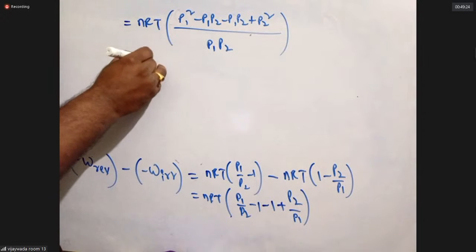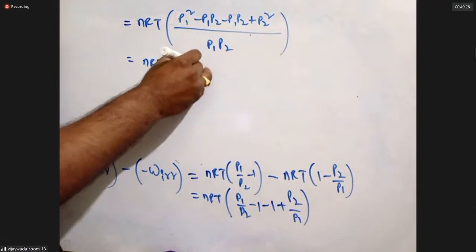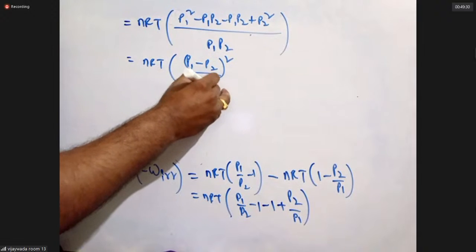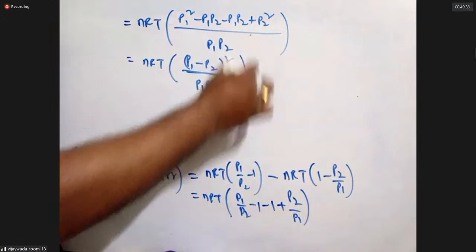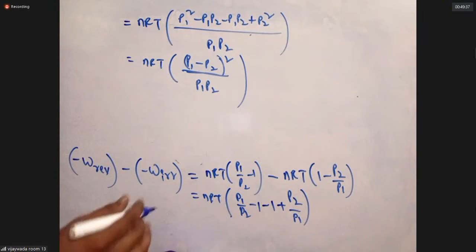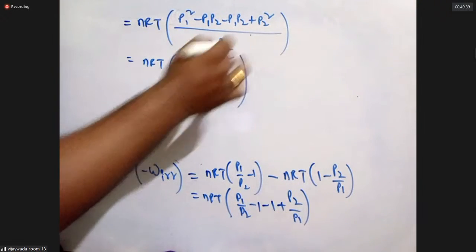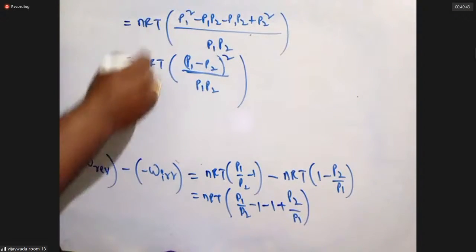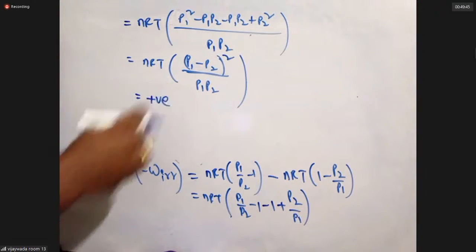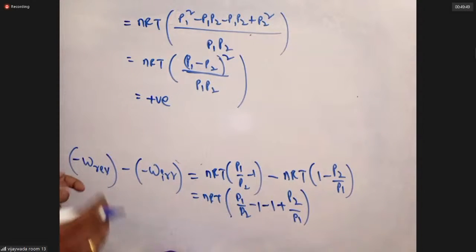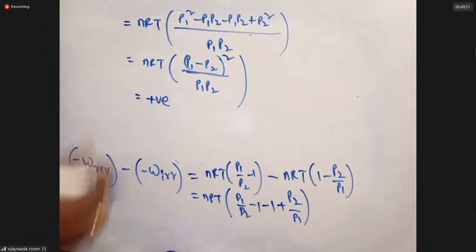So we can write nRT into P1 minus P2 whole square by P1 P2. Students, we are doing a square. So if it is a positive value or a negative value, the square is also positive. Finally, this term is a positive value. There is no need for the derivation in the exam; I want to convey that this value is positive.